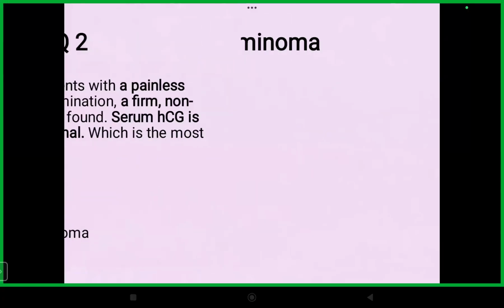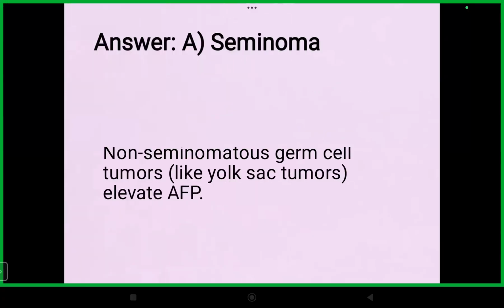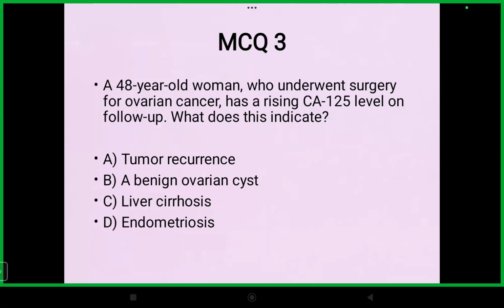Okay. Coming to the third MCQ. There's a 48-year-old woman who underwent surgery for ovarian cancer and has a rising CA-125 level on follow-up. Okay. So what does this indicate? We have four options: A, tumor recurrence; B, benign ovarian cyst; C, liver cirrhosis; and D, endometriosis.